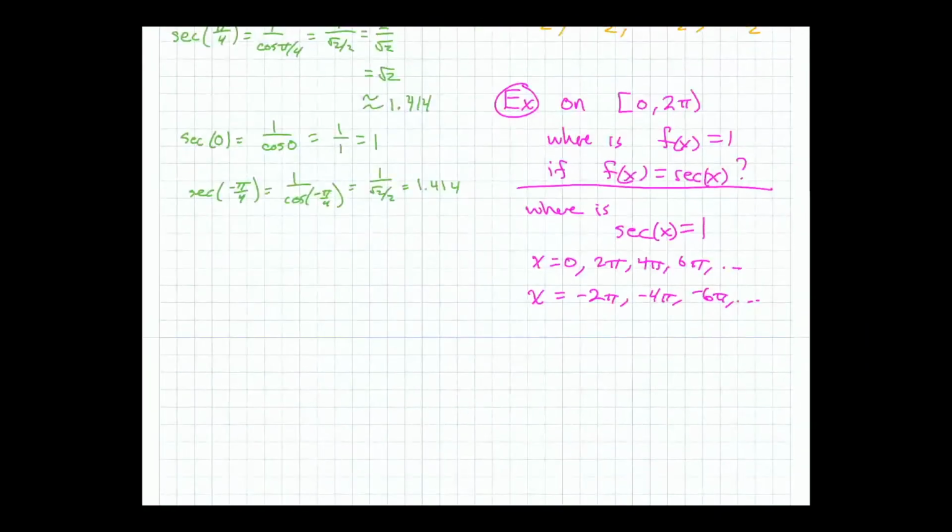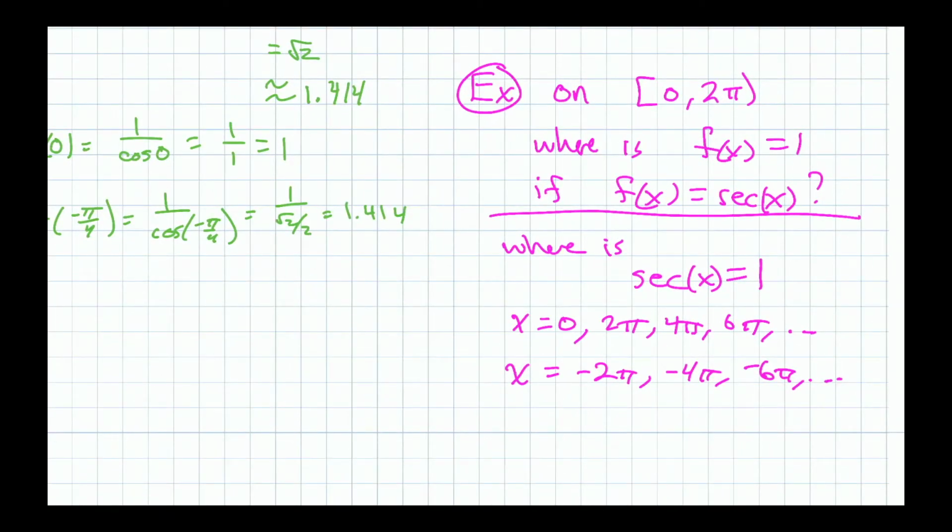But if we're stuck between 0 and 2 pi, then the only answer is going to be this one, because all the others are outside 0 to 2 pi. Even 2 pi is outside 0 to 2 pi because the parentheses means that 2 pi is not included. So this is the only one.